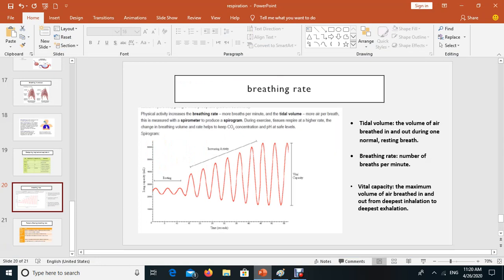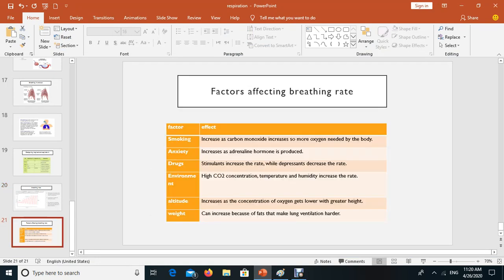Now let's talk about the factors affecting breathing rate. Smoking, of course, as carbon monoxide increases because it's a main component of tobacco cigarettes. That's why it increases the heart rate, because as we said, hemoglobin binds more efficiently with carbon monoxide than with oxygen.